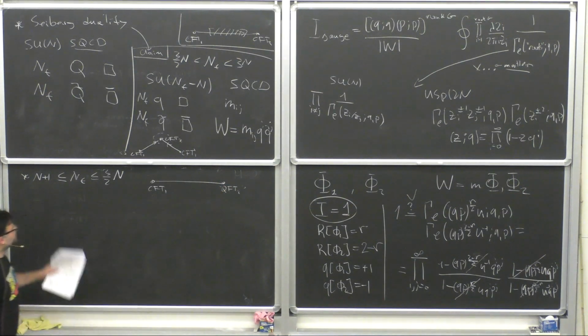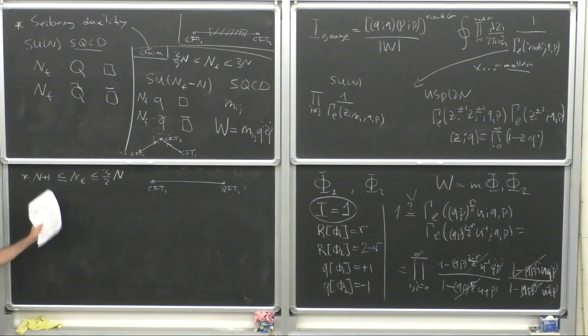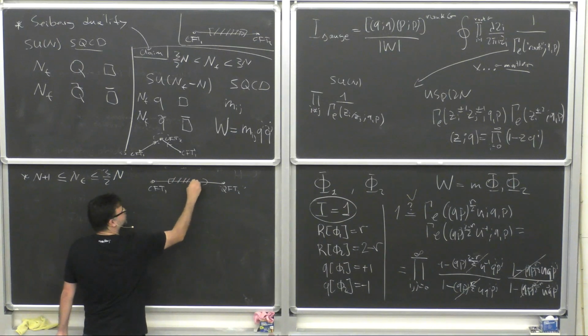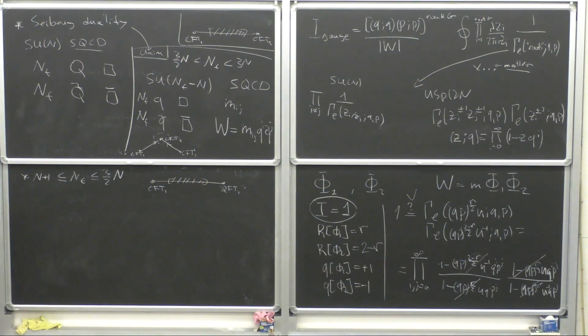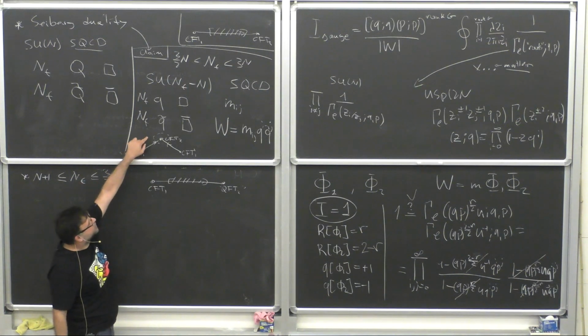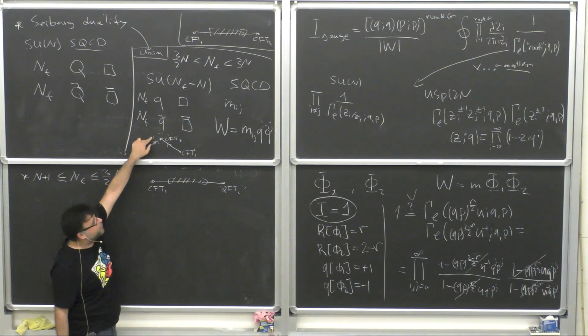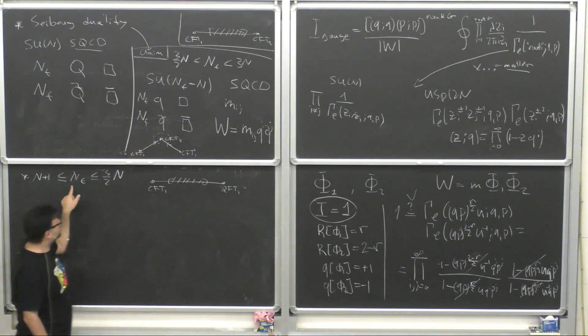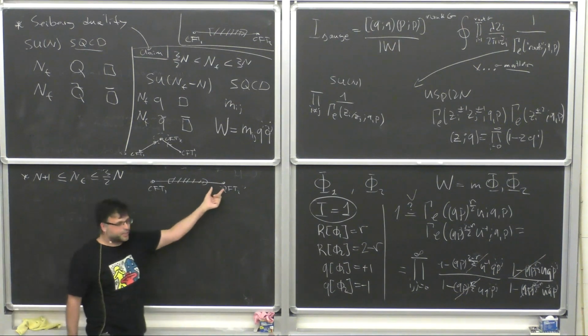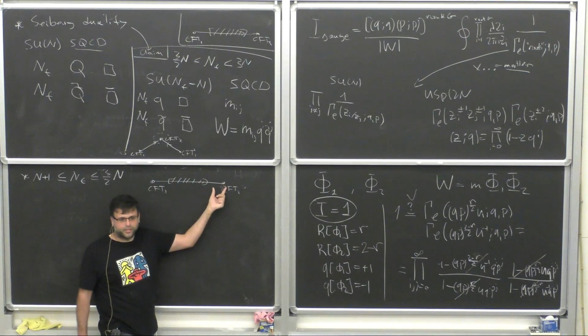And what this duality tells us in this region of parameters is that we start from a theory, we deform it with a relevant operator, something funny happens in the middle, and then in the end we get this theory, which is QFT1 prime. But in this region of parameters, this QFT1 prime is not asymptotically free, it is infrared free. So it flows to a free theory. So the description here is as a free gauge theory.